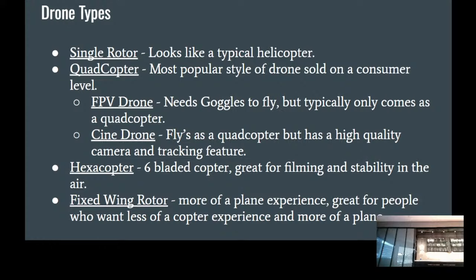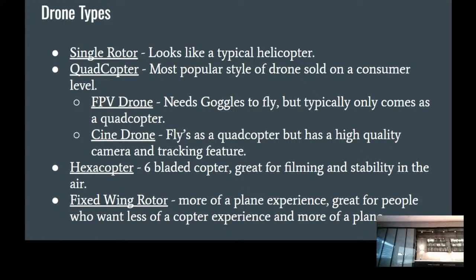And then there's Cine drones, which I would just say is the standard drone. That's going to fly as a quadcopter, but has a high-quality camera and tracking feature. The FPV drone does as well, but typically it's that tracking feature and that high-powered camera on the Cine drone that separates the two.